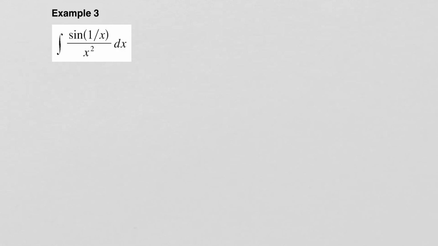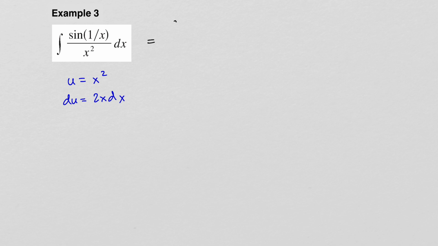In the next example, we have another fraction, and I want to show you that if you let u be equal to the denominator of the fraction, x squared, then du would be 2x dx. And I really hope that it's somewhat obvious to you that this is not the way to do the substitution.